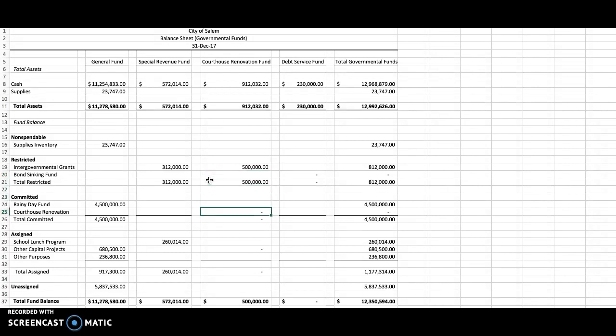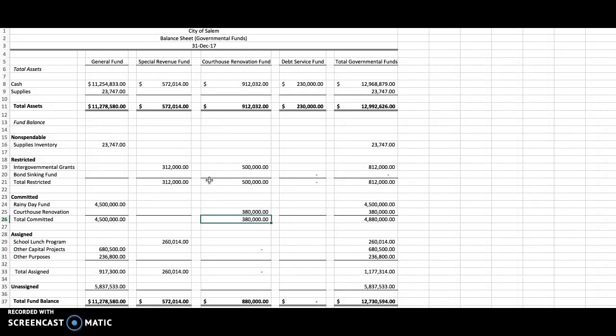Well, they also might have some committed funds. So this might be their own collections that either by the decision of city council or by charter or something, they're holding this money for the courthouse renovation. But notice it's a little bit different than the intergovernmental grants at the top.